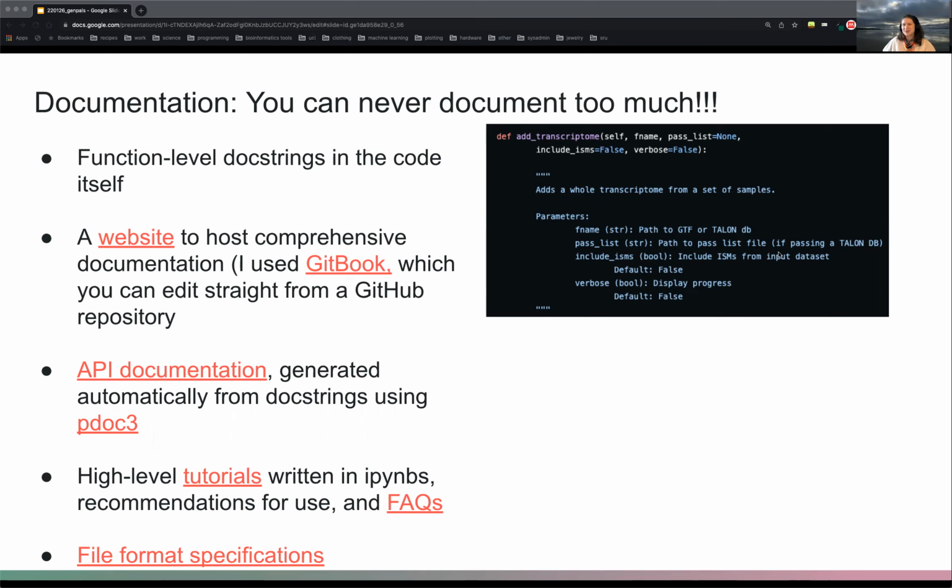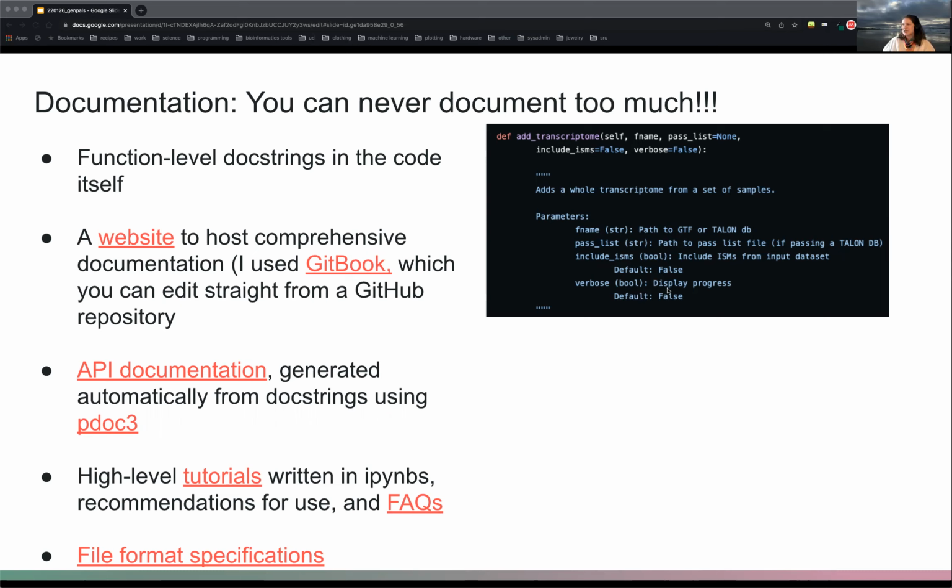It's a lot easier to write the documentation for a function if you're using it right then and there. Even if you have to go back and revise it later, it's way easier than having to write all of your documentation from scratch and be able to isolate the function, figure out what the output is, et cetera, et cetera. So again, write these as you go, in my opinion.